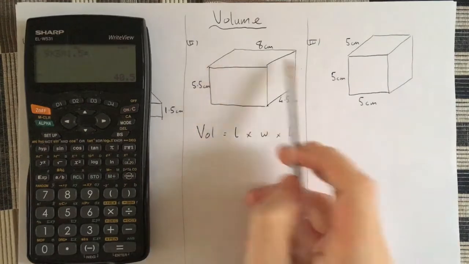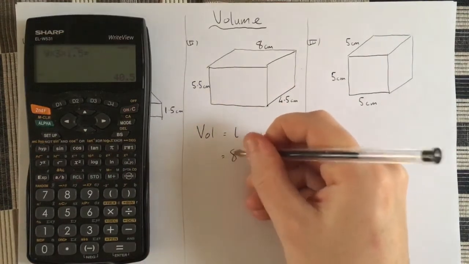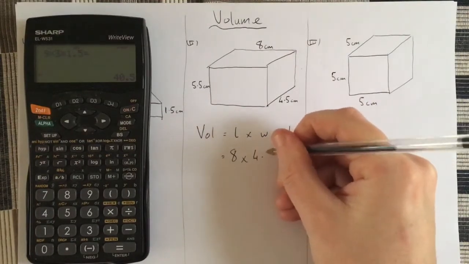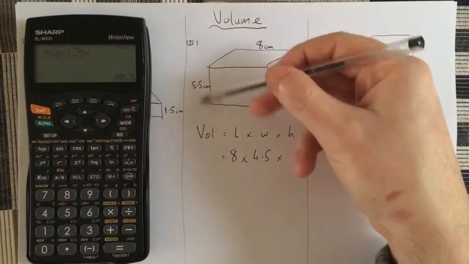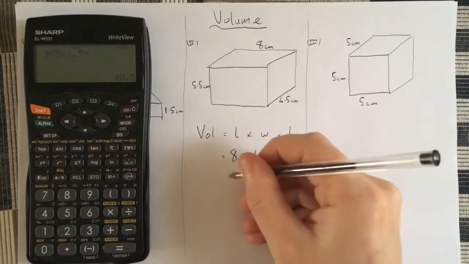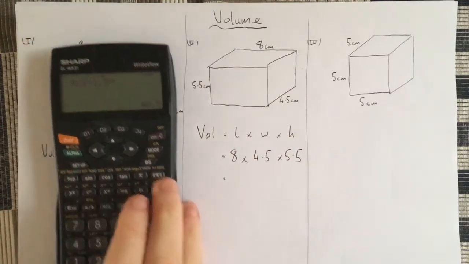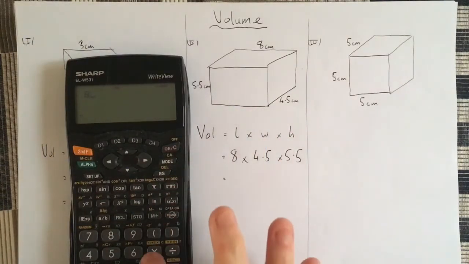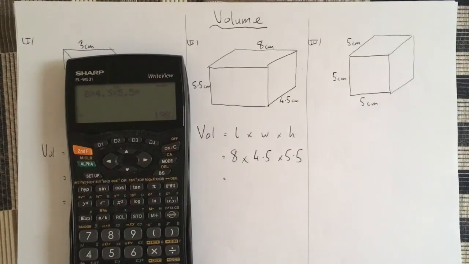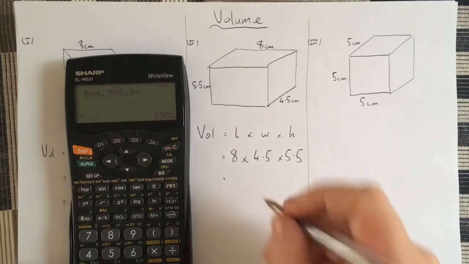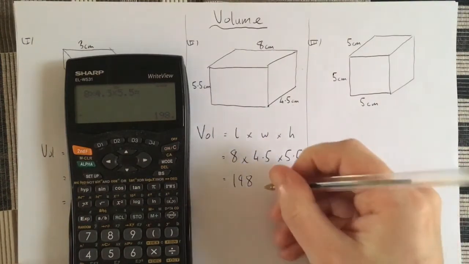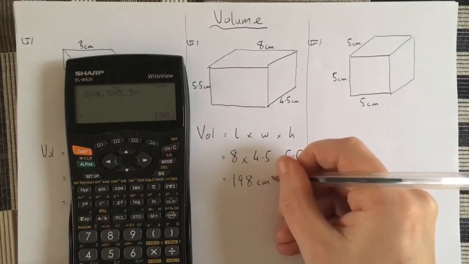I'll call the 8 the length, multiplied by, I'll call 4.5 the width, multiplied by, I'll call 5.5 the height. I'm just going to multiply the 3 of those together. 8 multiplied by 4.5 multiplied by 5.5 is 198. Again, the question is in centimeters, so the answer is in centimeters cubed.